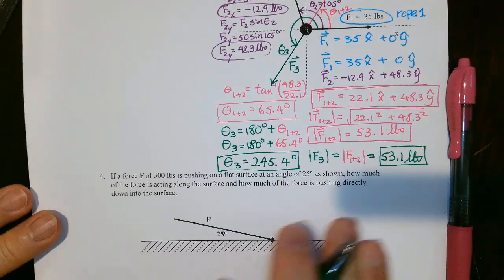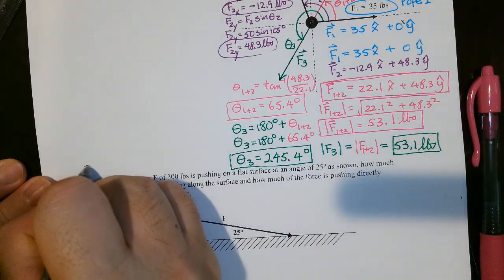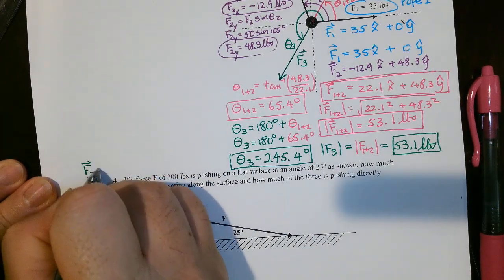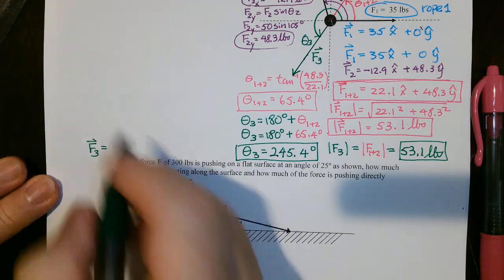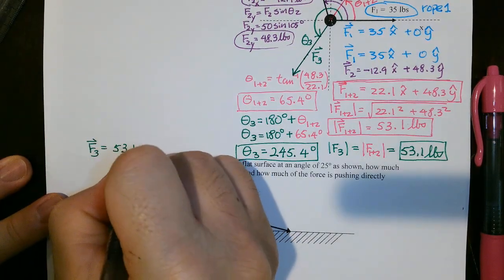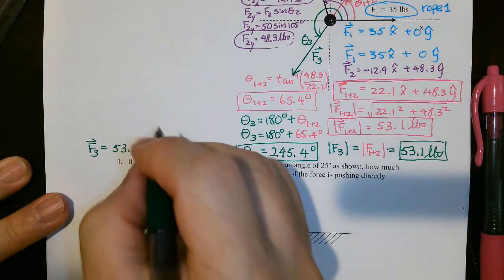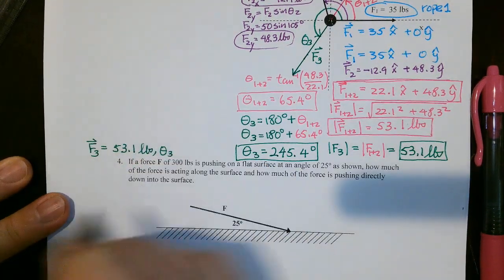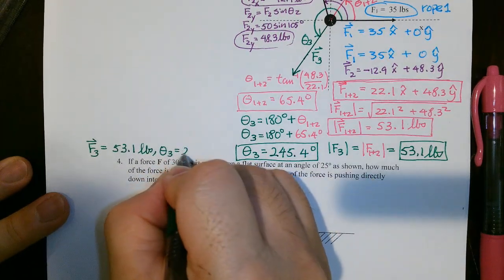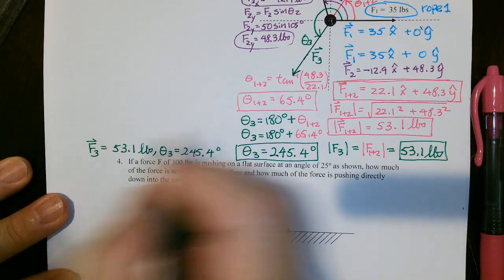So now I can write my F3. My F3 should equal 53.1 pounds, comma, direction would be 245.4 degrees.